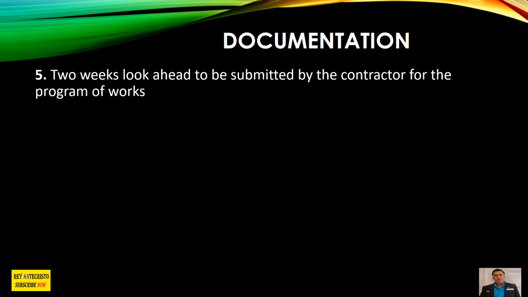This is the planning look ahead based on the activities. For example, today we will install this equipment, 25 equipments up to this date. Okay, so after that, we know already if we accomplished or not. So we always check our look ahead.